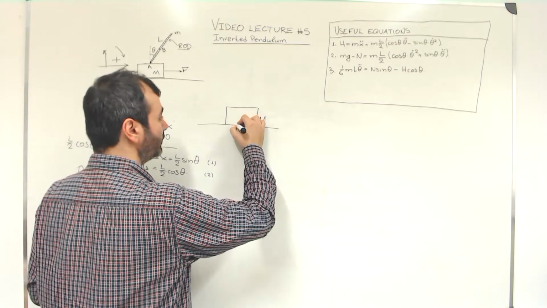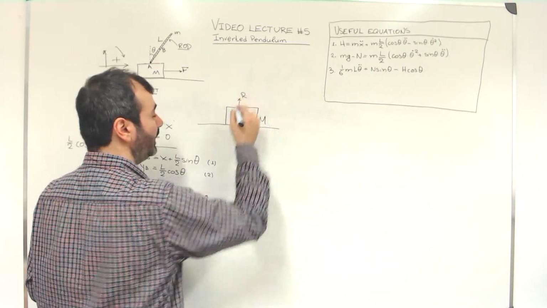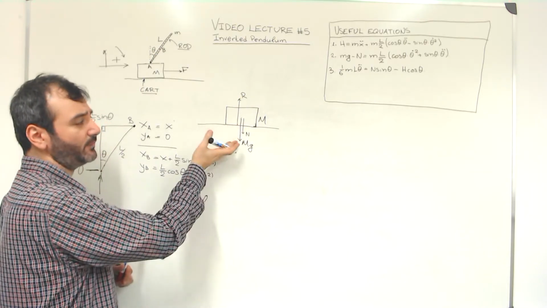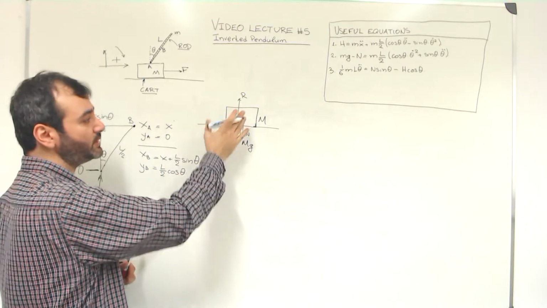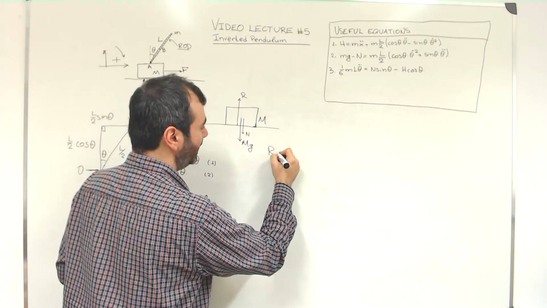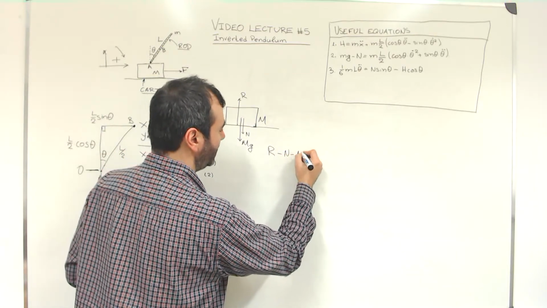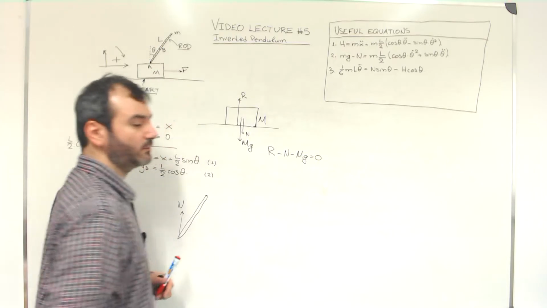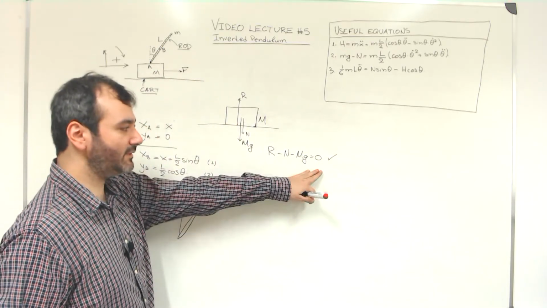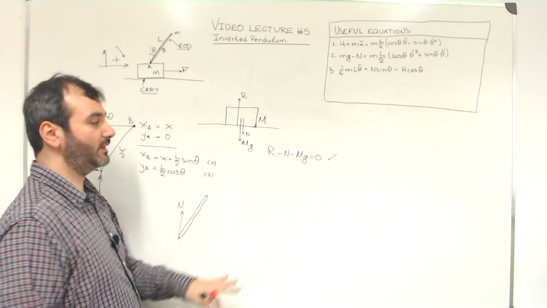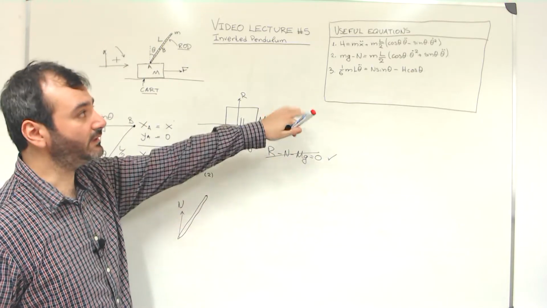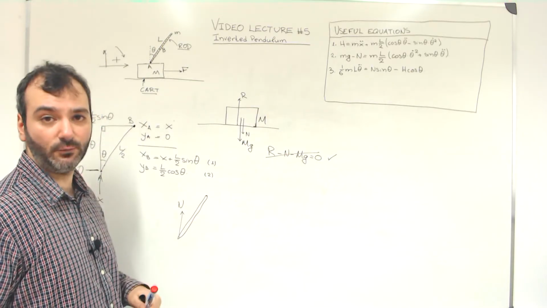There must be a force R, an action coming from the ground, which just keeps everything there. Along the y-axis, everything equilibrates, and we have R minus N minus mg equal to 0, which is a correct equation and can give us the magnitude of force R, but it's not really useful, so we don't need to write it in the list of useful equations.